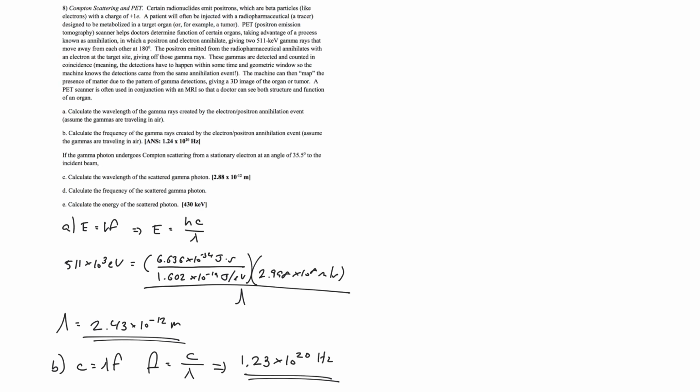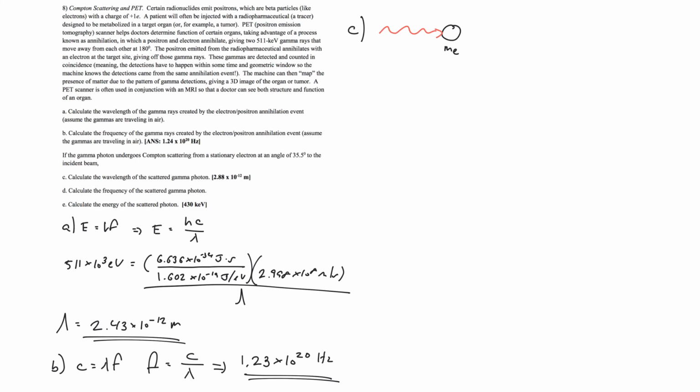Okay, so part C is where we apply the Compton scattering equation that you learned. Okay, so remember Compton scattering, we have, if we model a stationary electron with some mass, and we have an incident photon.